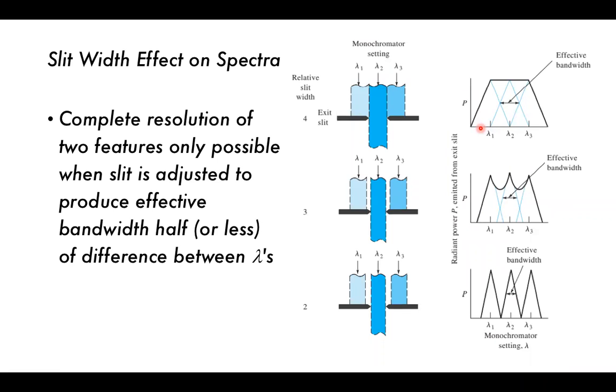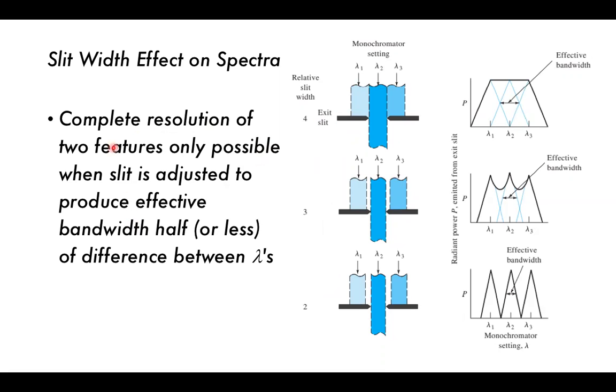Now the slit width and the effect on the spectra. This is the widest slit width, and as we narrow the slit widths we can see what is happening. As we make the slit narrower and narrower, we're getting better and better resolution. However, we are also changing the radiant power and the amount of energy which is going to be detected by the transducer.